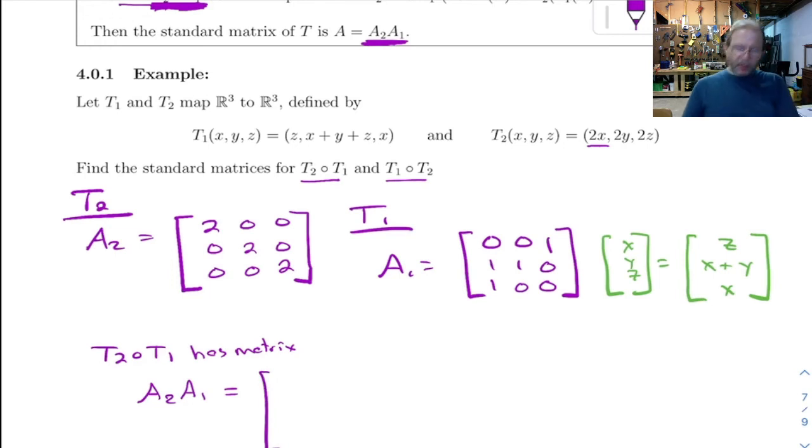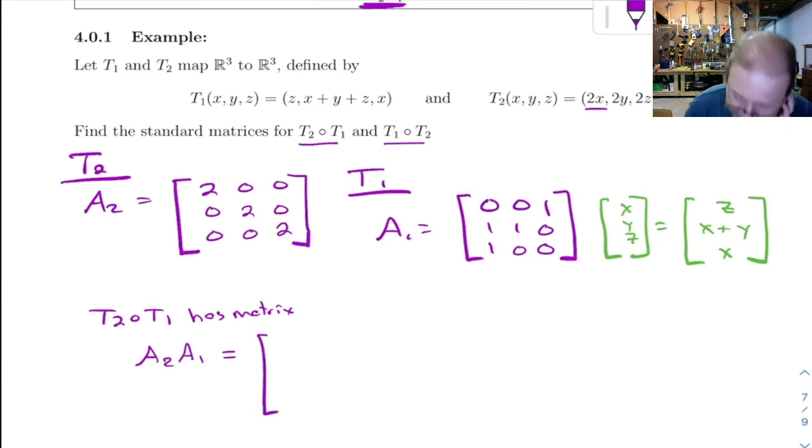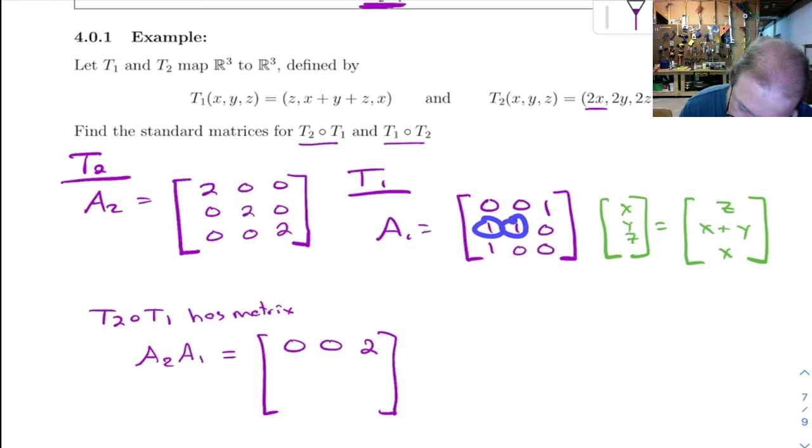Now, this is actually something we can do pretty quickly. If you multiply A2 times this A1, all it's going to do is double the top number and the rest zeros. So this is going to be 0, 0, 2. Then when we multiply this times each of these, it's going to double the middle number. So we're going to get 2, 2, 0. The last one is going to double the last number, so we get 2, 0, 0.